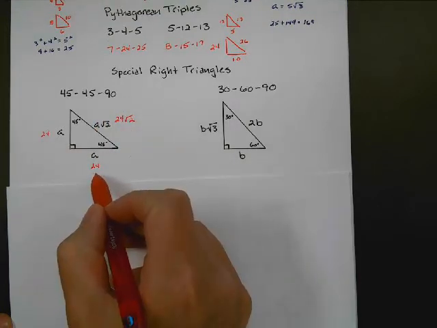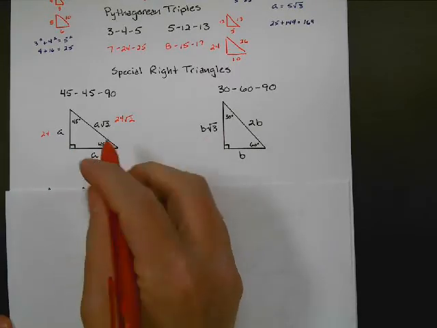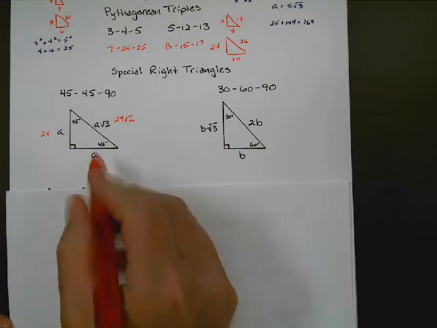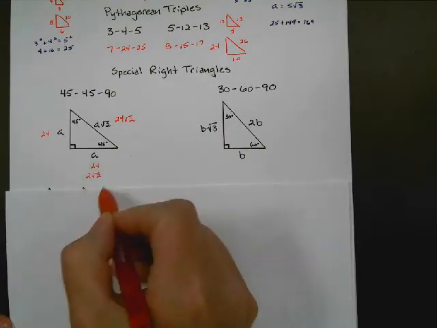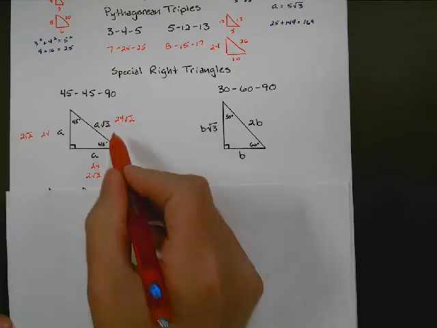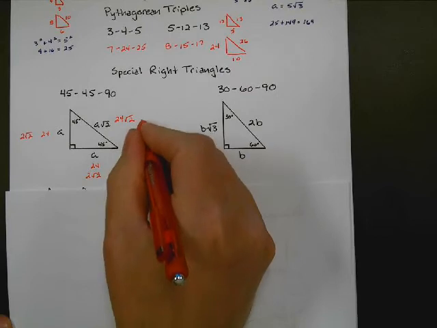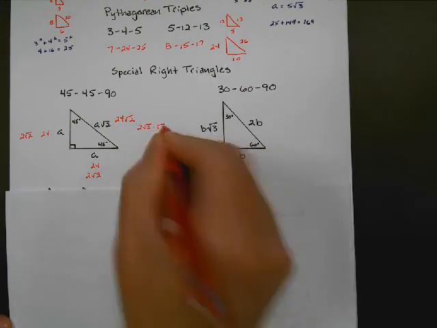These two legs are congruent, they're the same measurement, and then the hypotenuse is whatever these legs are times root 2. Now you do get to situations where you have to multiply radicals. So let's say that this side was 2 root 2. If this side's 2 root 2 and this side is 2 root 2, well, this side would be 2 root 2 times root 2.